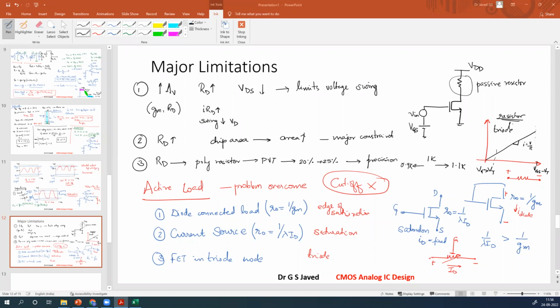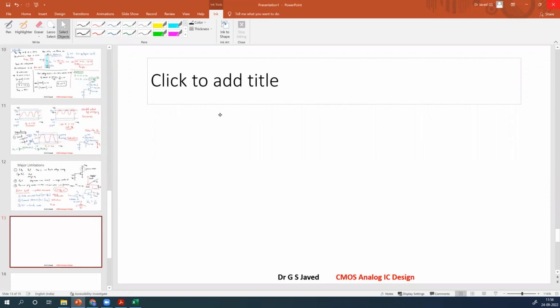How does this passive resistor now look? Instead of this, now you will have a diode connected device. So for NMOS, it is diode connected like this. VDD. Here we will have the output.